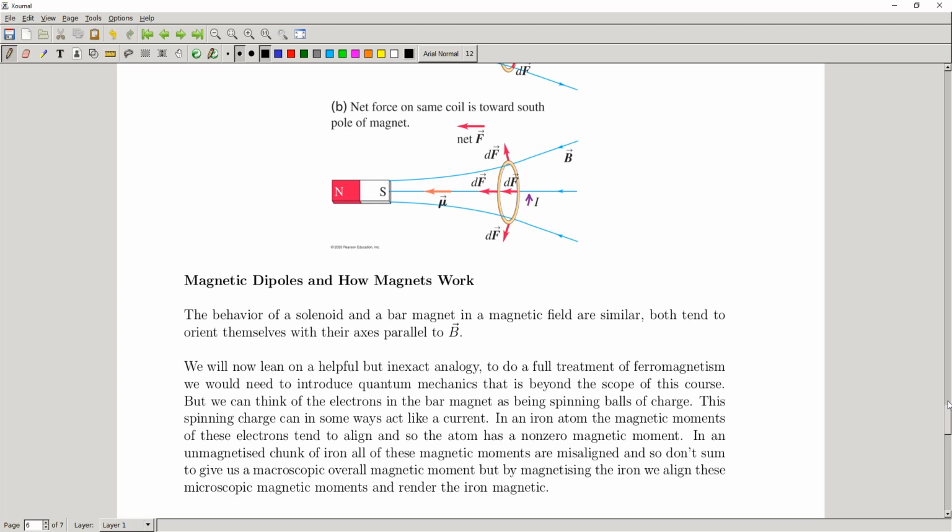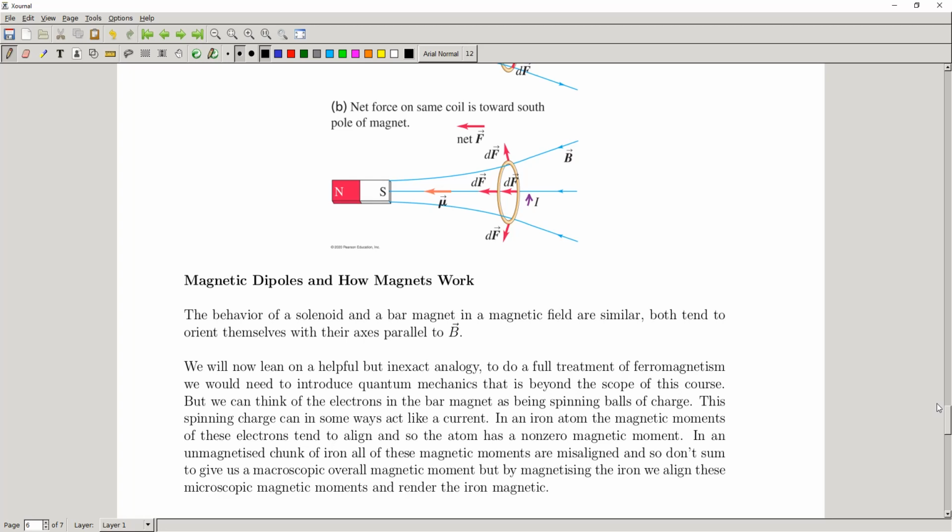They're both going to try to point themselves in such a way that they're lined up with the magnetic field that they're sitting in. So for a bar magnet, it's going to turn its pole so that the north pole is pointing in the direction that the magnetic field is running. In the case of a solenoid, it's trying to line its central axis up with the magnetic field. Okay.